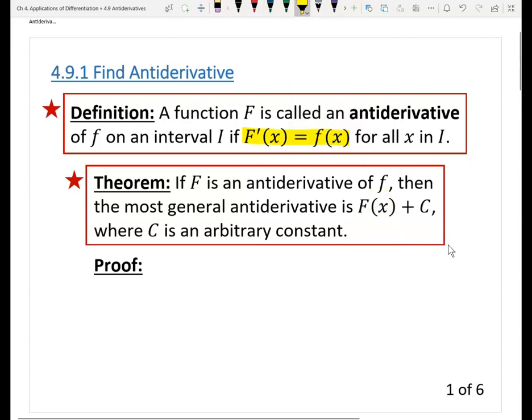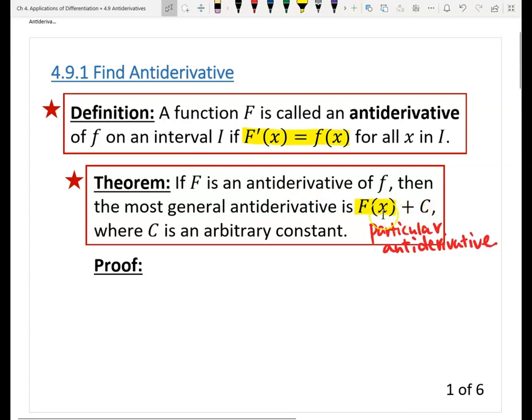Which means if we know one particular antiderivative, then we know all the antiderivatives, just plus C. For example, if we have another antiderivative G, the difference between G and capital F is just a constant number.